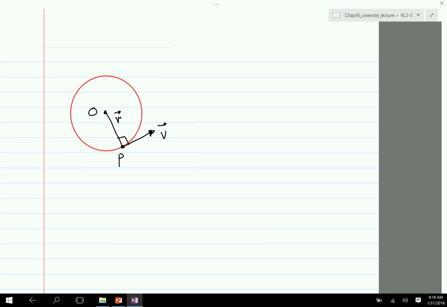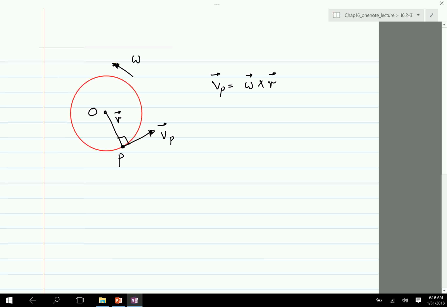But the thumb will either point out of the plane, so it's in the k direction, if ij is in the plane, or minus k direction. So V is omega cross r. Okay, so this is, let's call it Vp. Omega is that, and r is the vector as shown.